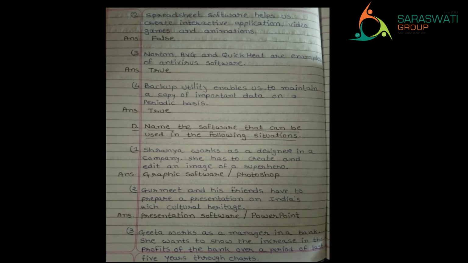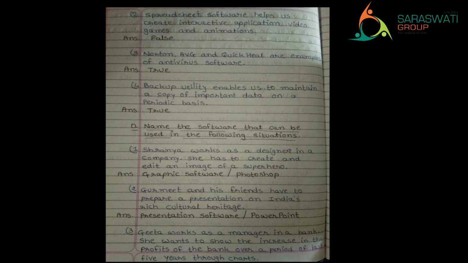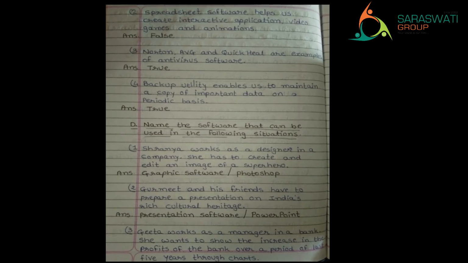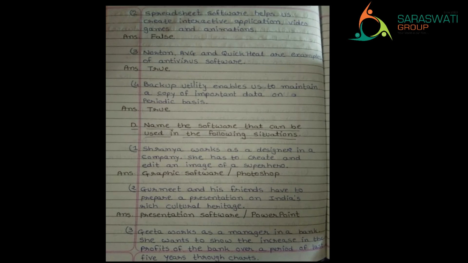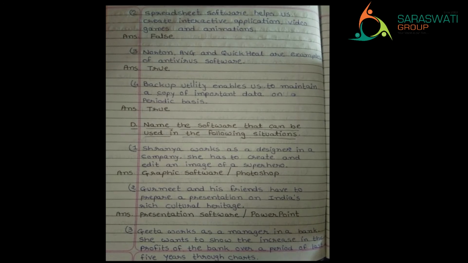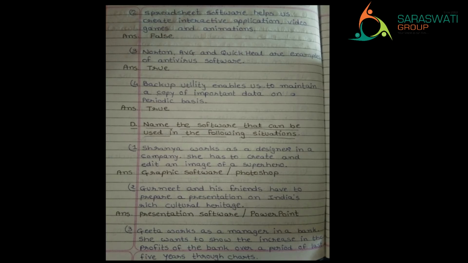Backup utility enables us to maintain a copy of important data on a periodic basis. Backup means what? To make another copy of your data. So certain software helps us maintain a copy of that important data.